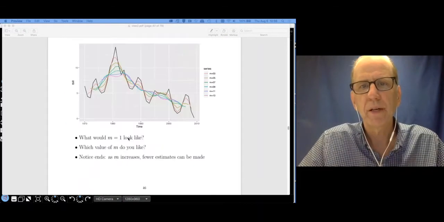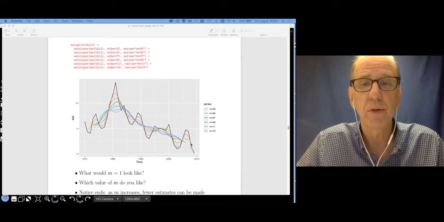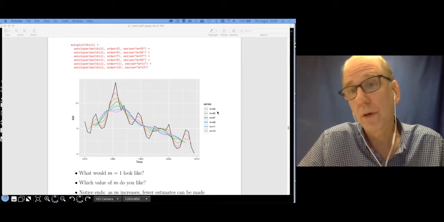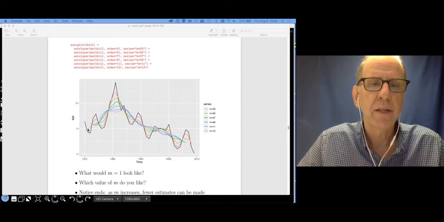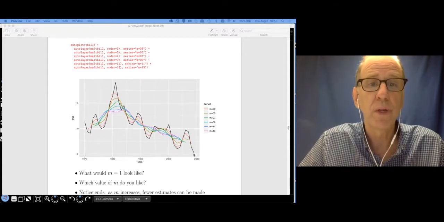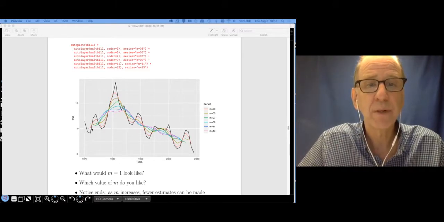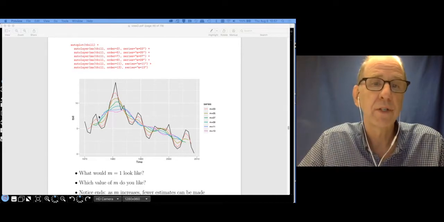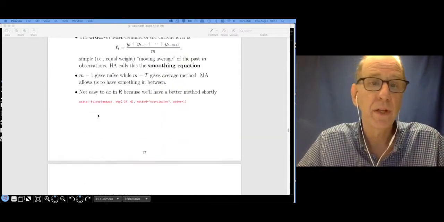And when we go back to our plot here, this is the T-bill data, what you're going to see is the bigger the neighborhood that I have, the fewer points, so the more points that fall off the end that I can't make estimates of. When I only have 3 nearest neighbors, that's the red line, I can estimate it for all but the last point. Whereas if I go up to, say, 13 nearest neighbors, I need 6 periods on either side in order to form that moving average, and therefore I can't estimate those ends. Okay, so that's a limitation of the classical method.